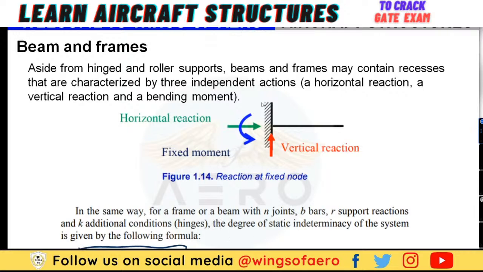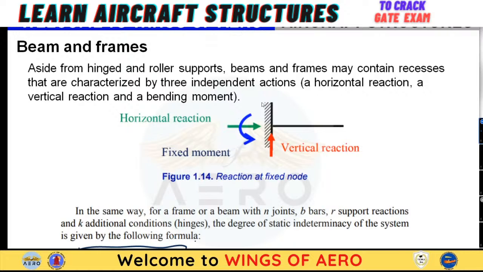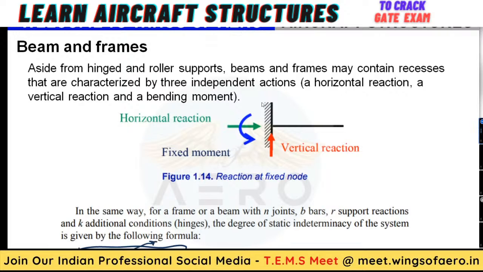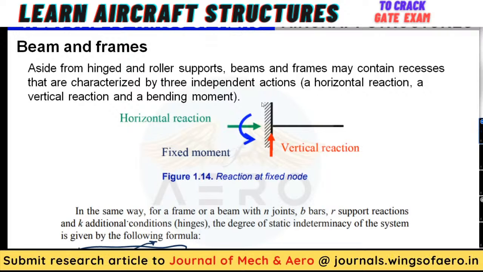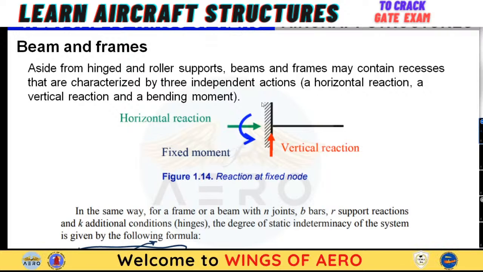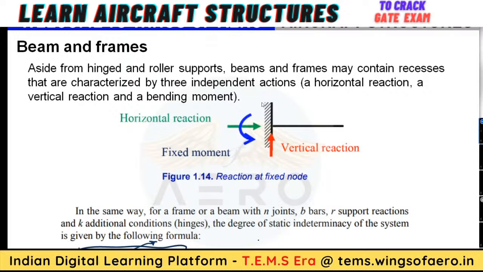Here also b represents the number of members or bars. n represents the number of joints. r represents the number of support reactions, so you need to count the number of support reactions. And k is an additional condition, that is, if there are any hinges. Whatever value you get, that F value is the degree of static indeterminacy of the structure.